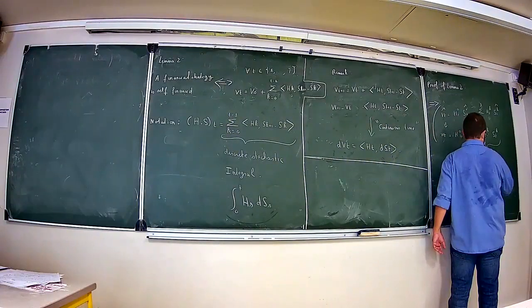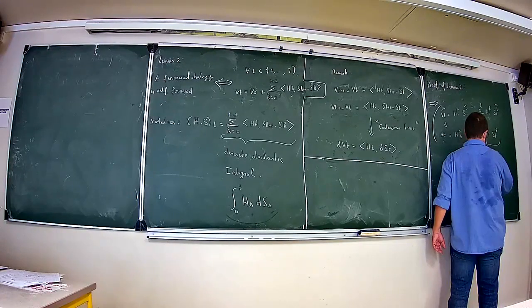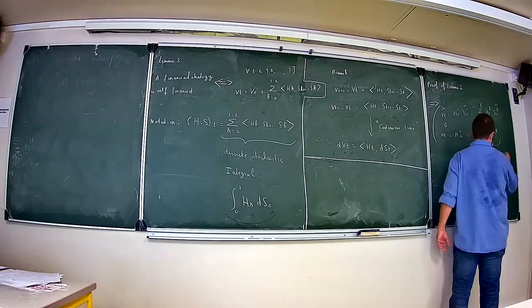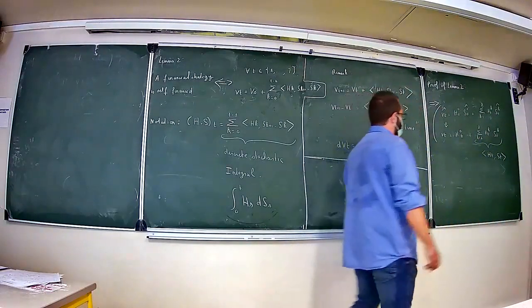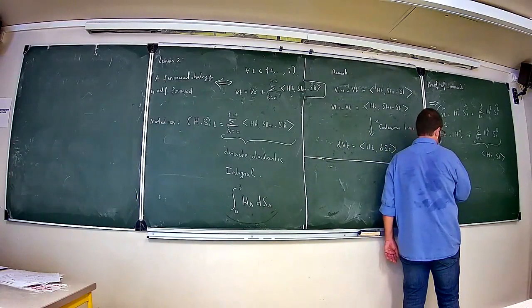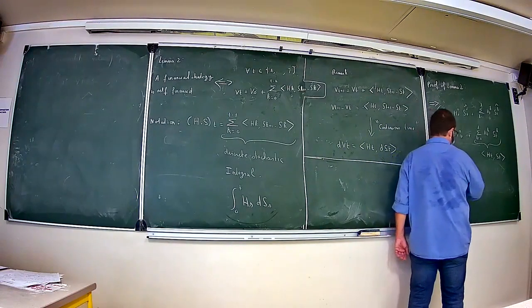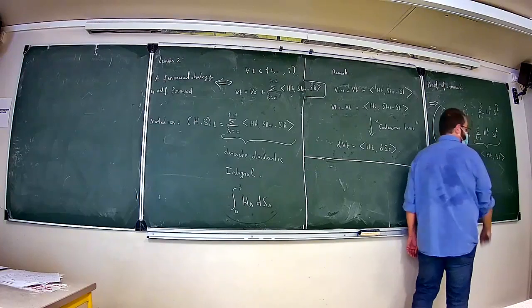So I have here Ht, okay. So in conclusion, what I have written is that Vt is equal to H0t plus Ht. For the moment, I have done nothing.